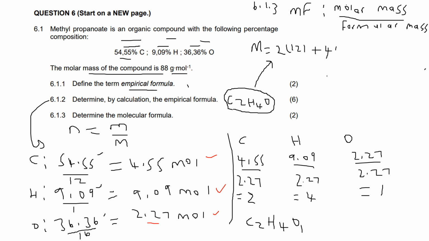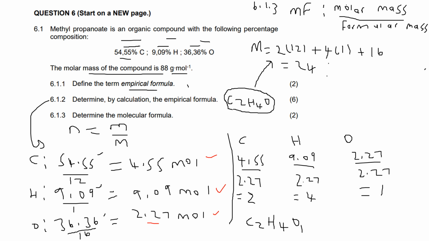So you're going to use 2 times the mass number of C, which is 12, plus 4 times the mass number of H, which is 1, plus the mass number of O, which is 16. Then we're going to add those things. That will give us the formula mass. So it will be 2 times 12, that's 24.